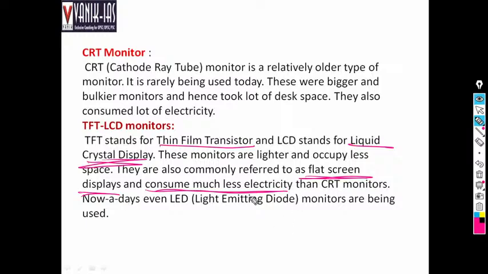Nowadays, even LED, light emitting diode, monitors are being used. In light emitting diode and thin film transistor displays, we apply transistors, right? Transistors are applied, that's why they are very small.